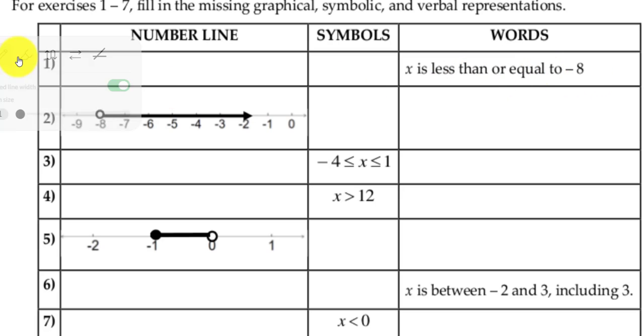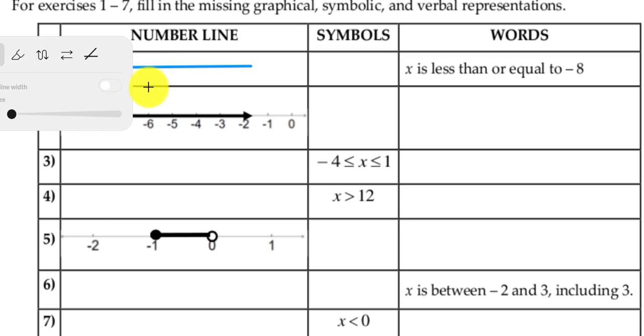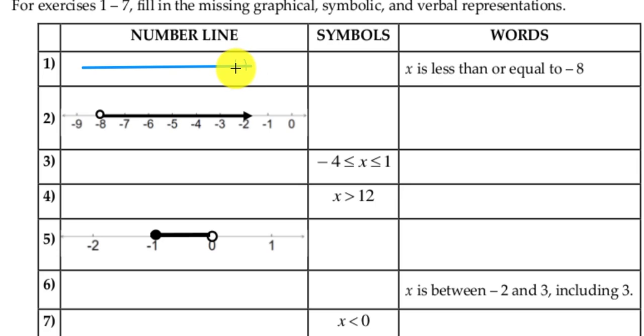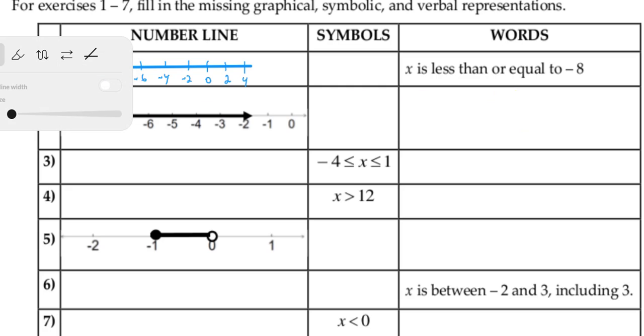So let's draw that. I'm going to take my line tool. Hopefully I'll draw a somewhat reasonable line. And then I'm going to get my pencil tool out, and I'm going to label this 1 and 0 and so on. So you can see I drew a number line, and I wanted to make sure I cover -8 in here. And so it says x is less than or equal to -8.